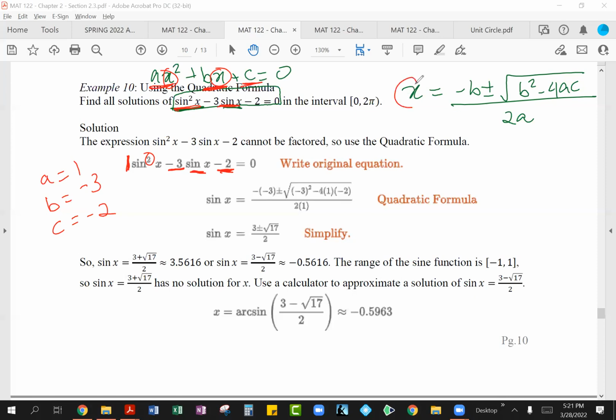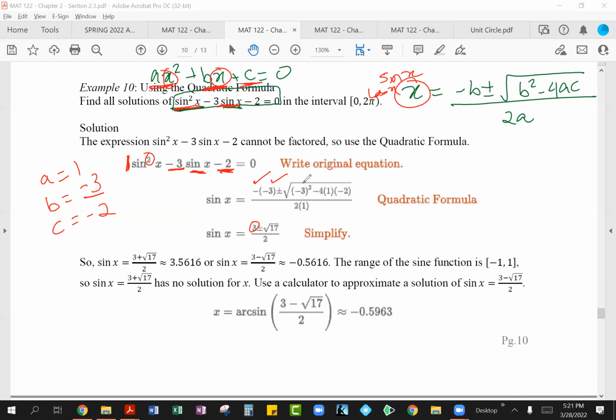And then instead of having x over here, this will become sine x or cosine x, or whatever the function might be in the equation. But the right-hand side will be the same. So you will see this is negative b, the negative from the formula, and then b itself was negative. So that's why you have two negative signs here. The two negatives will become positive.